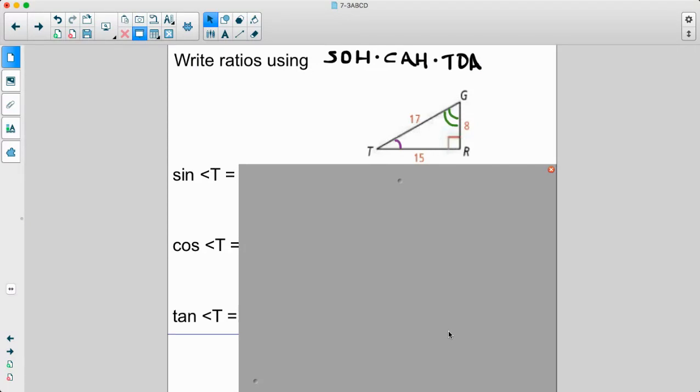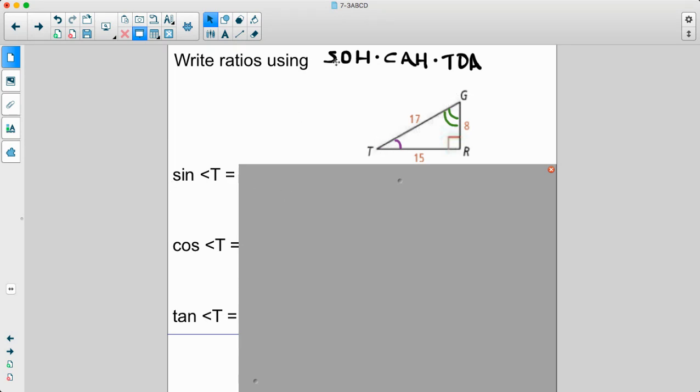So let's practice using these trig ratios, remembering SOH-CAH-TOA to help us keep straight which one's which. I'll model the first and let you practice the next. First we're going to go from angle T's perspective. If you're angle T, the side GR that's 8 units long is opposite, and the side that's 15 units long, TR, is adjacent. And as always, the side across from the right angle that's 17 units, TG, is the hypotenuse.